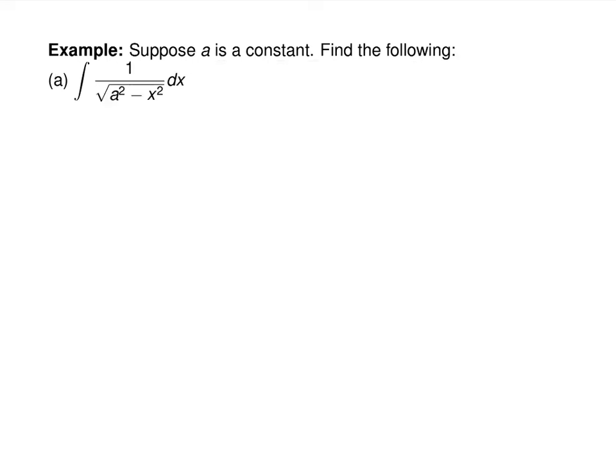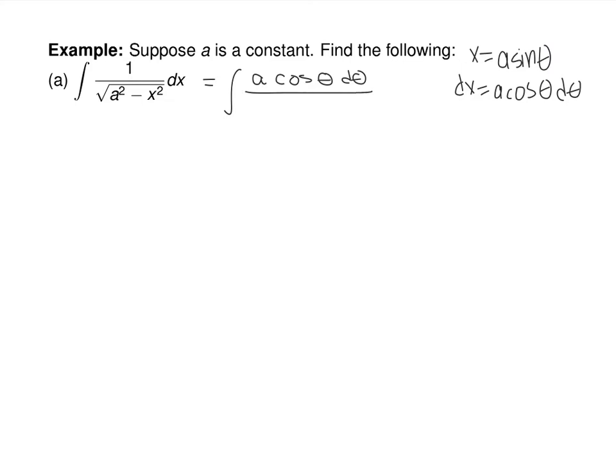Now let's do the same thing for the formula that I told you was sine inverse of x over a. So this is the first basic substitution. You let x equal a sine of theta, and dx will equal a cosine theta d theta. Okay, so this becomes the integral of a cosine theta d theta all over the root of a squared minus a squared sine squared of theta.